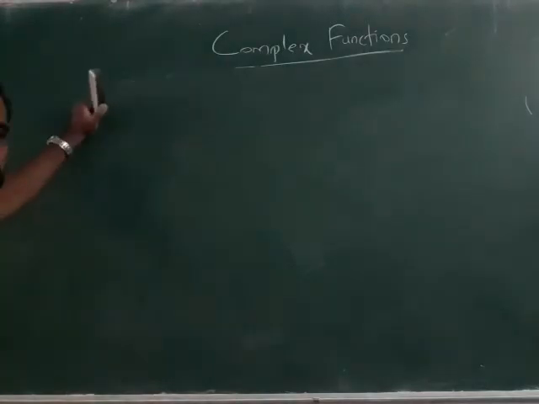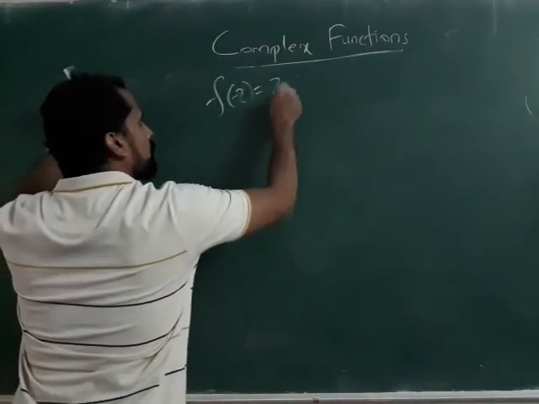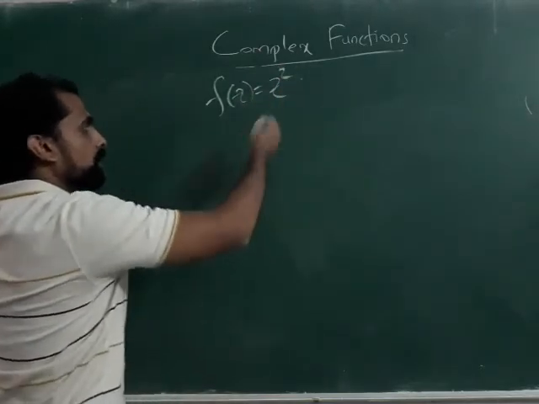Now similarly, for example, you are considering a function f equal to z square. That is our first example. Here you have both u and v.